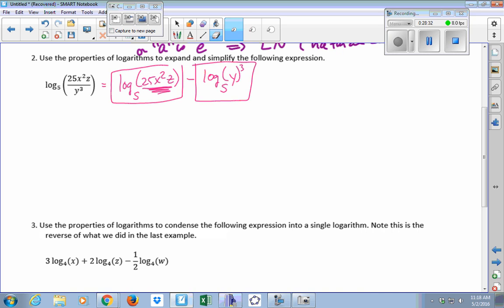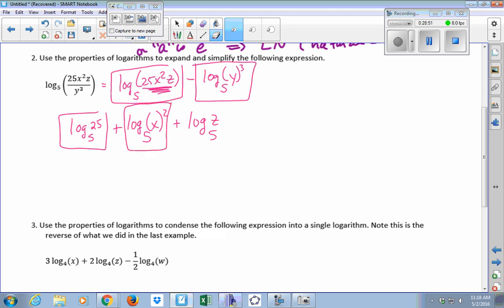So I have log base 5 of 25, and I'm going to add it to the log base 5 of x squared, and then add it to the log base 5 of z, because my first property says that if I have the log of a product, then I simply add the log of each factor in that product.